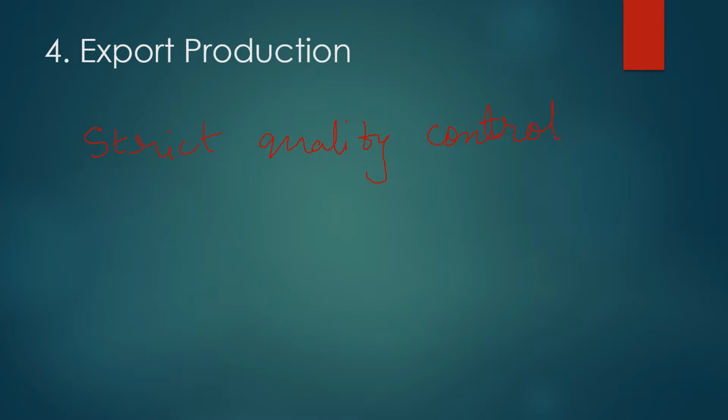The reason why they have to go under strict quality control is because they will have to conform to the international standards. The quality of the good will be the very first thing that an exporter must be very sure about while exporting its goods in the overseas market.